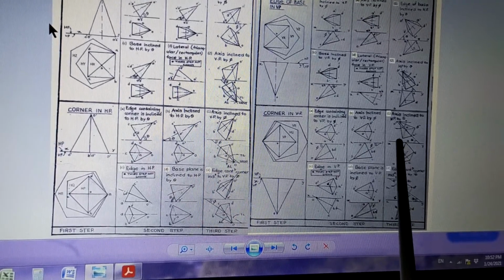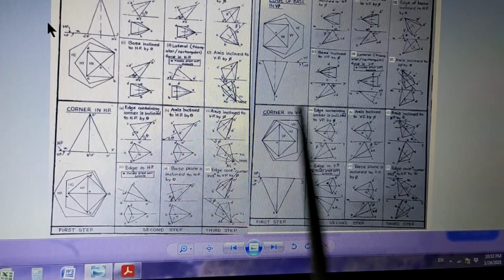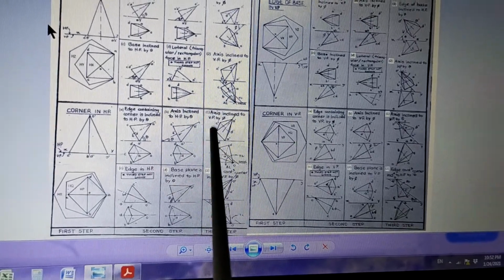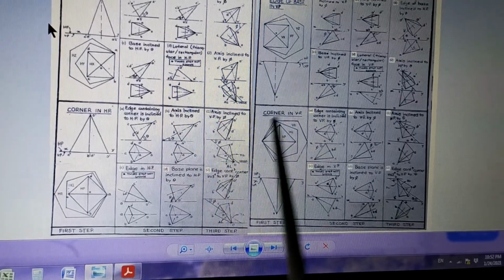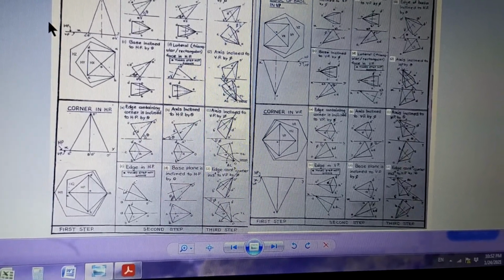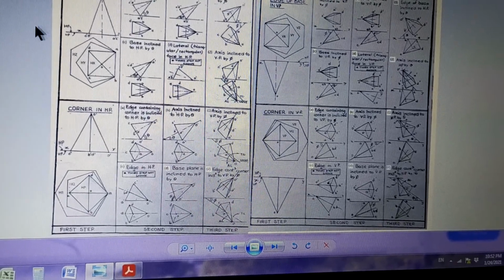How they are inclined to both planes is described in this part of the figure. During the next lecture, you will see the description of how the solid is shown when it is inclined to both planes. Okay, so that is the kind of information we learnt in today's lecture.